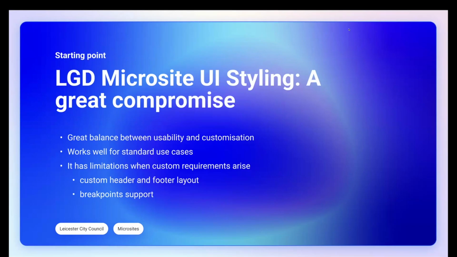It works really well for standard use cases, but it has limitations. For example, supporting different font sizing and spacing for different breakpoints, or custom header and footer layout, which are quite opinionated. I mean, there is a fixed structure for header and footer.